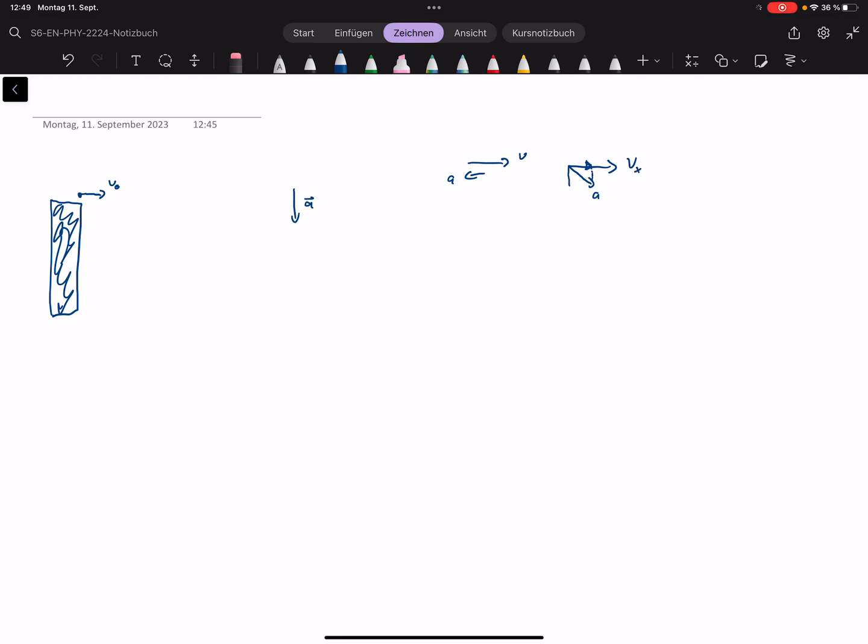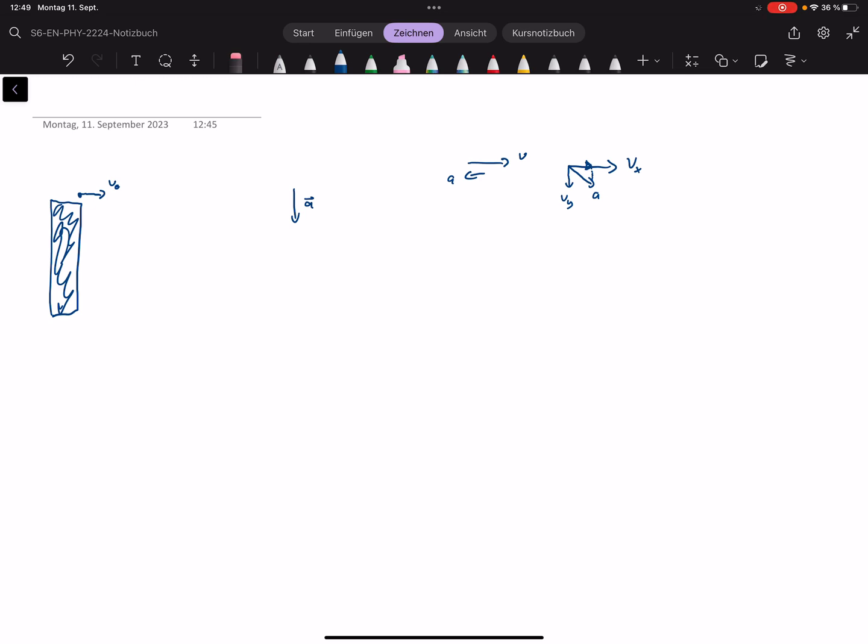But there would also be an acceleration in the y direction caused by this acceleration. So in this case, v0 remains constant because the acceleration is only pointing in y direction and v0 is pointing in x direction.